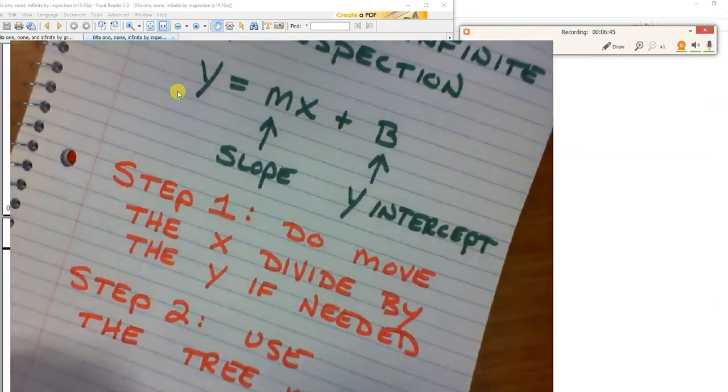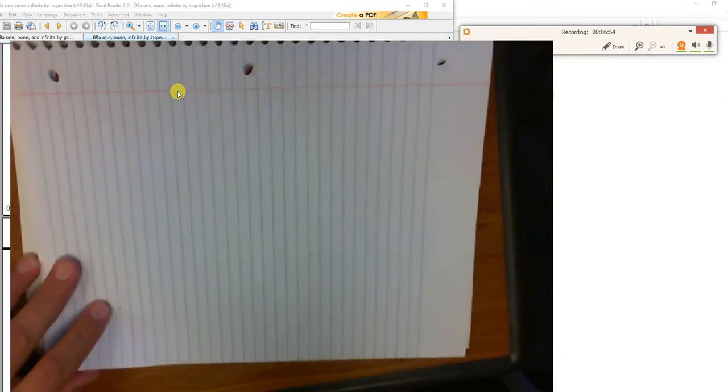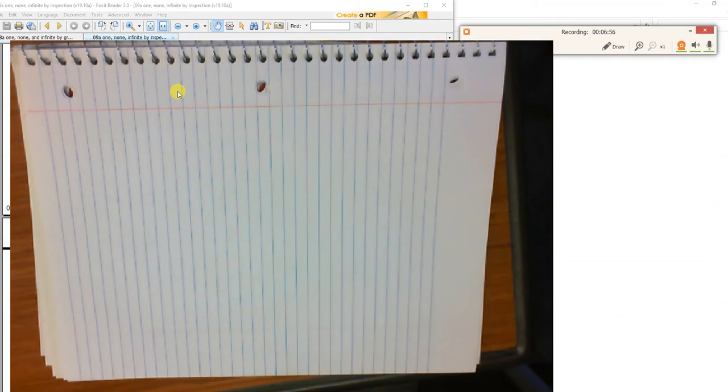So here we go. We're going to create a tree map that has the 3 types of solutions. Notice I'm going sideways with mine, just so I can have a little more space.